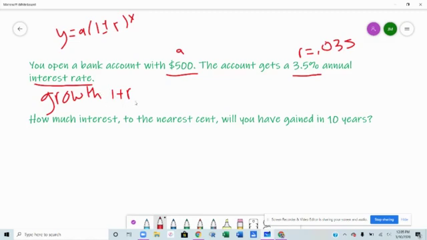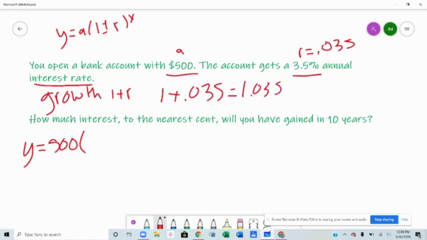So our equation would be y equals 500, 1 plus our rate is 1.035, goes in your parentheses, to the power of x. Now it says how much interest will you have gained in 10 years?